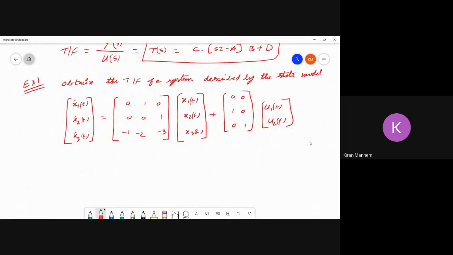And then y1 of t and y2 of t is equal to the matrix 1, 0, 0; 0, 0, 1 into x1 of t, x2 of t, x3 of t.